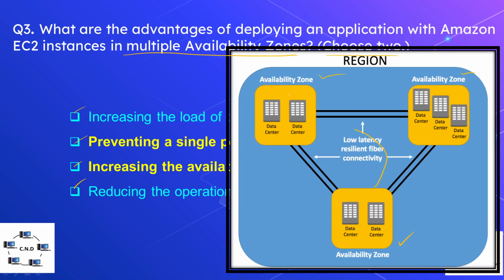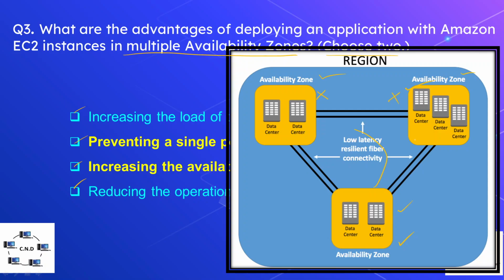When we deploy multiple instances of the application in different availability zones, it prevents a single point of failure. If one availability zone fails, our second instance in the next availability zone will still be available, and we don't see any downtime or performance impact for the user. Similarly, if this also fails, then we have the third availability zone.